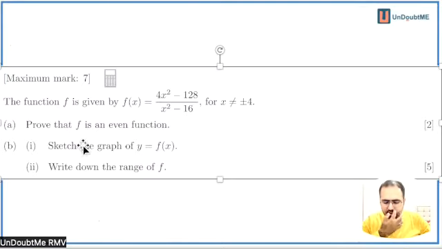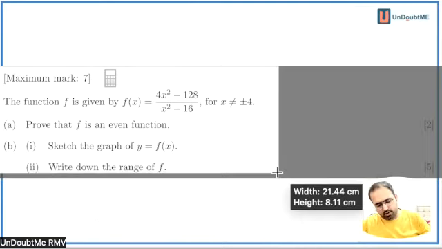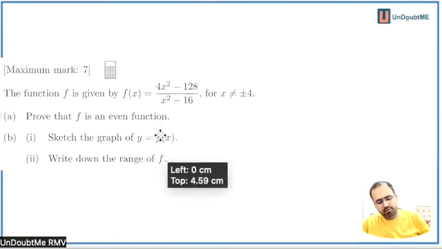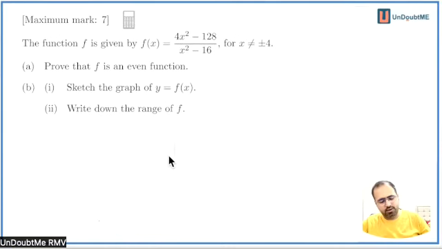Okay, are you aware of even and odd functions? Have you heard about even functions and odd functions before? Yes, sir. Anything you remember, Ashima? I wasn't in class that whole week because I had other exams from school.